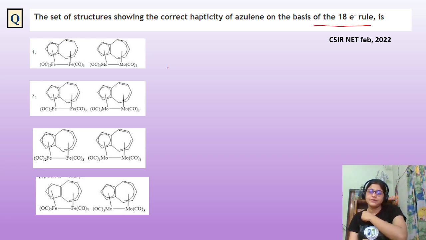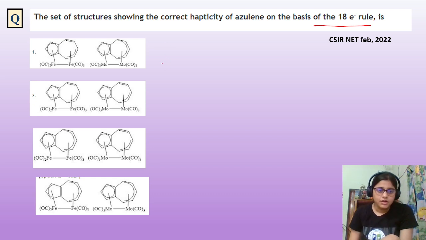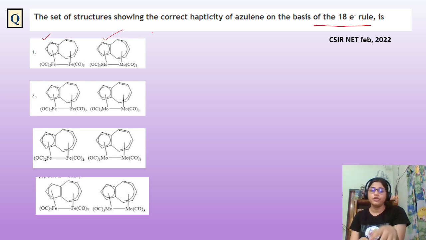If it is following the 18 electron rule, equalize with 18, or if two metals are present, 18 into 2. First see this set of structures showing correct hapticity. For each set we have to count the 18 electrons and see if it is following or not. If it is not following, we go to the next option.